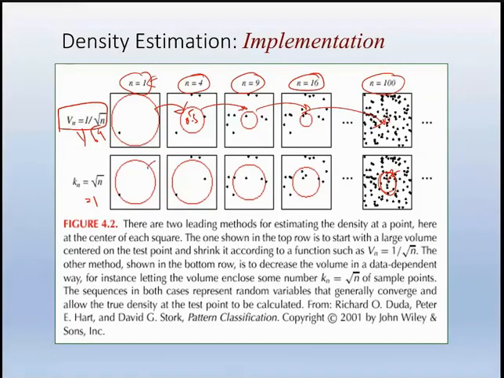So I need to grow this volume such that 1 sample appears within it. Now if I put n equal to 4, then Kn equal to square root of 4, that is 2. So I am in search of 2 samples. Here you can see there are 2 samples, so I should grow this window such that 2 samples are incorporated.